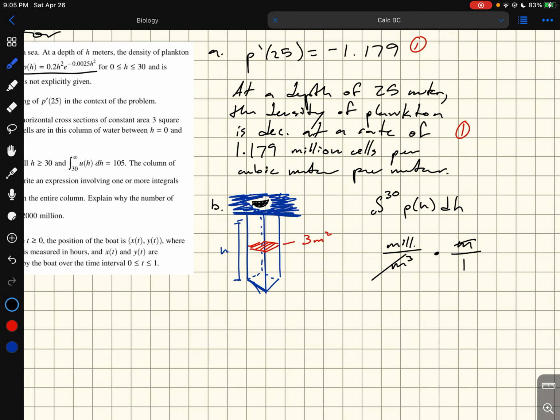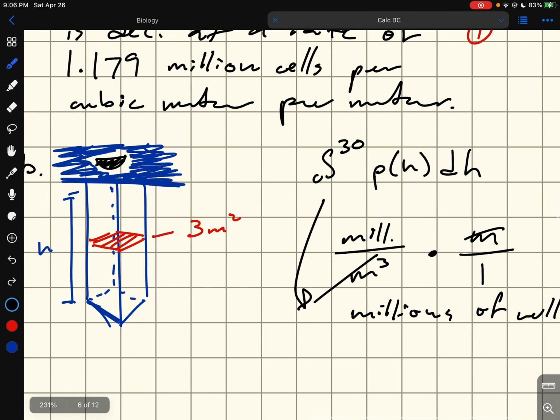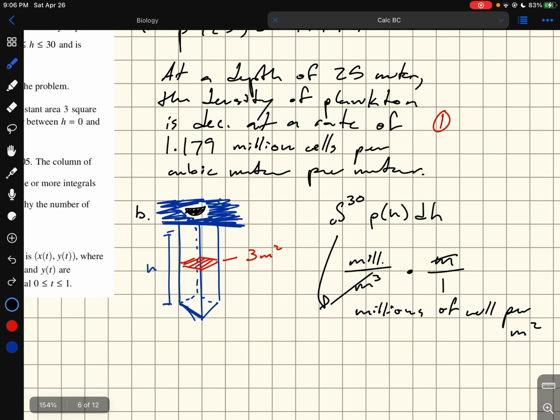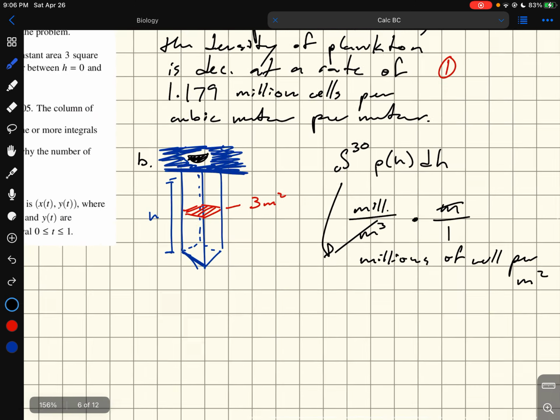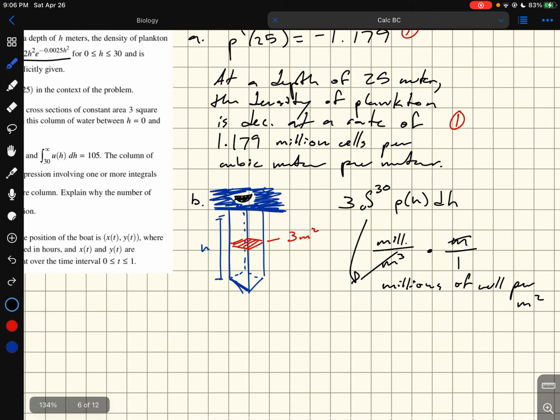So the unit of the integral would be millions of cells per meter squared. And this unit is in meters squared. So to find out how much plankton is in one of these sized slices, we have to multiply it by 3.